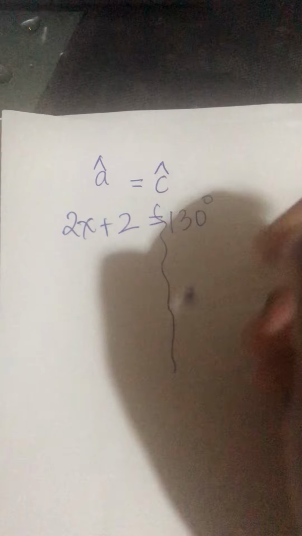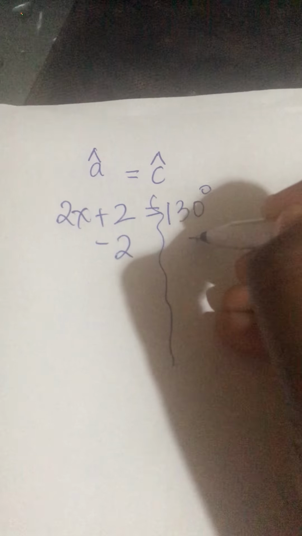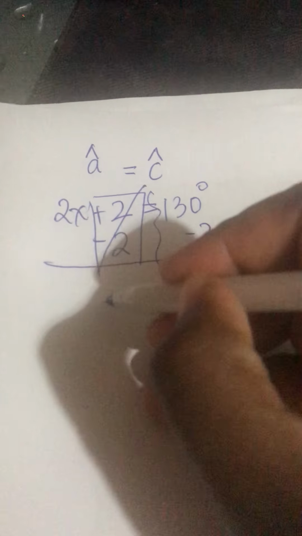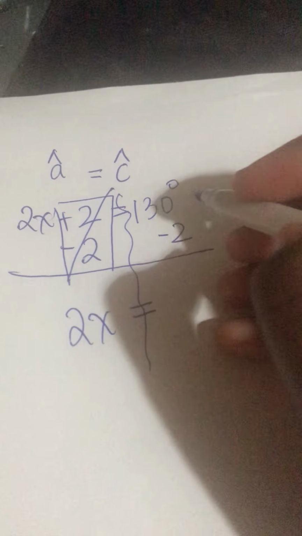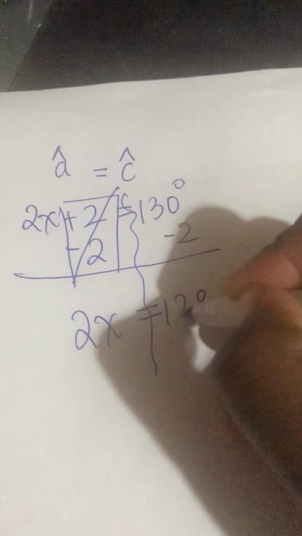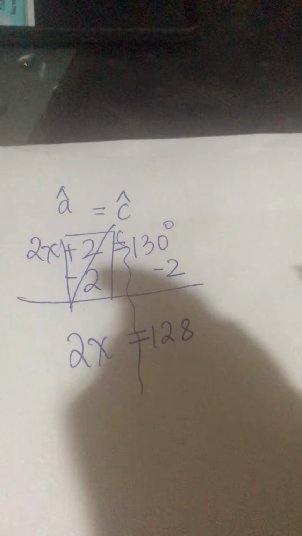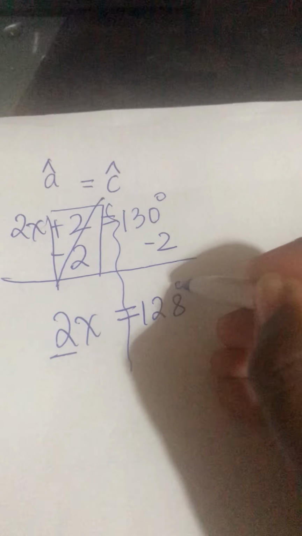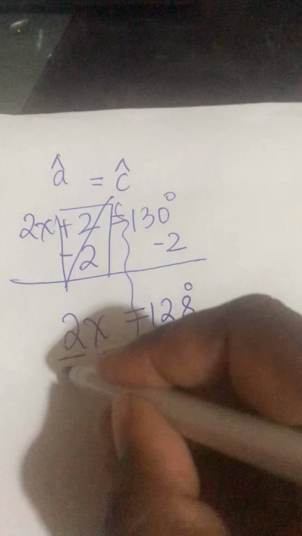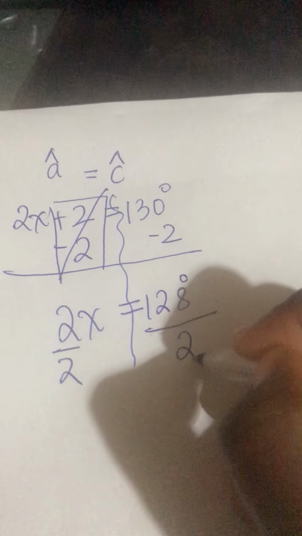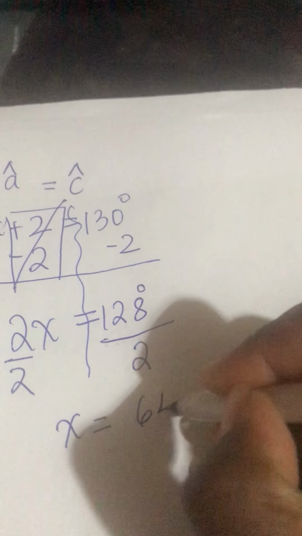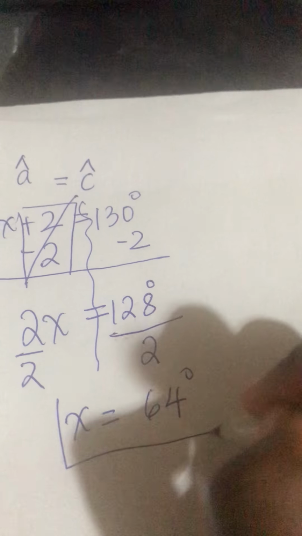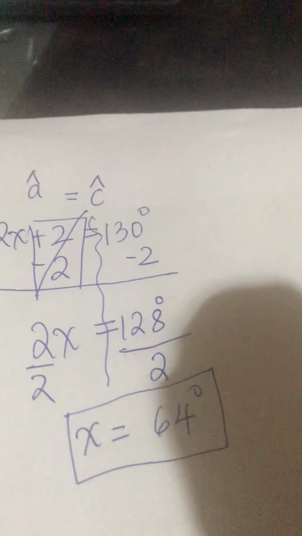I put my bridge, minus 2 on both sides. This goes away. 2x equals to 128. Then I divide both sides. If you don't put your degrees, you will be wrong. I divide both sides by 2. X equals 64 degrees. And there is my answer.